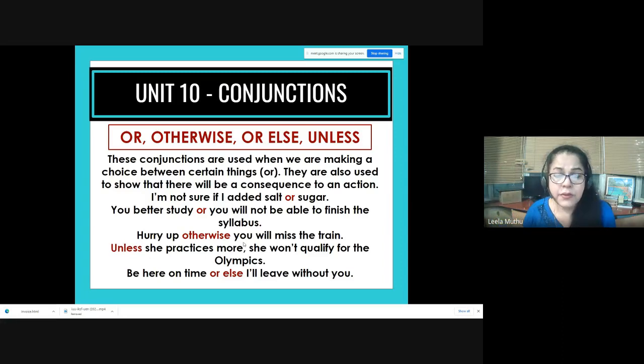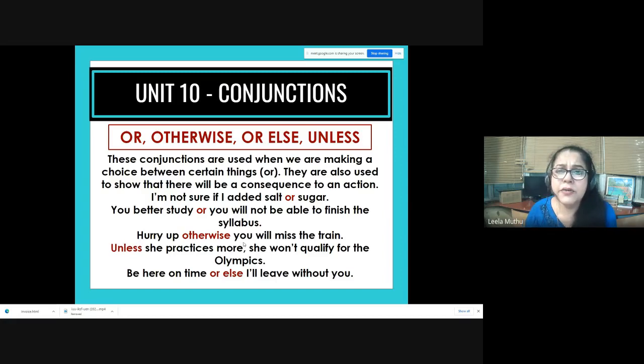So here it is. If she doesn't practice more, she will not qualify for the Olympics. So you can put it in many ways. If she practices more, she will qualify for the Olympics. If she doesn't practice, she won't qualify. Or you can say, unless she practices more, she will not qualify for the Olympics.